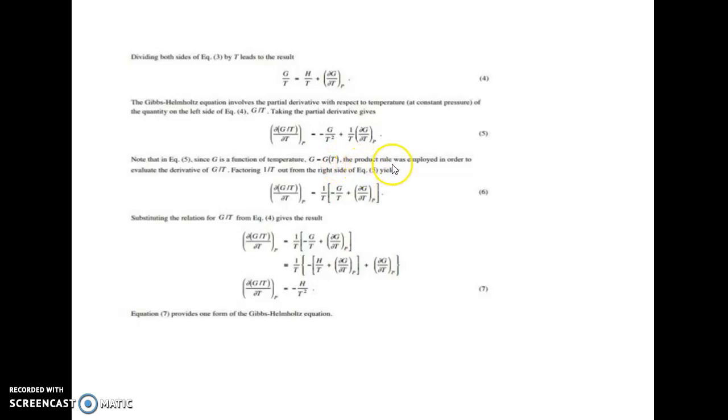The product rule was employed in order to evaluate the derivative of G by T. Factoring 1 upon T out from the right hand side of equation number 5 yields d(G/T)/dT at P equal to 1 upon T times (G/T plus (dG/dT) at P).